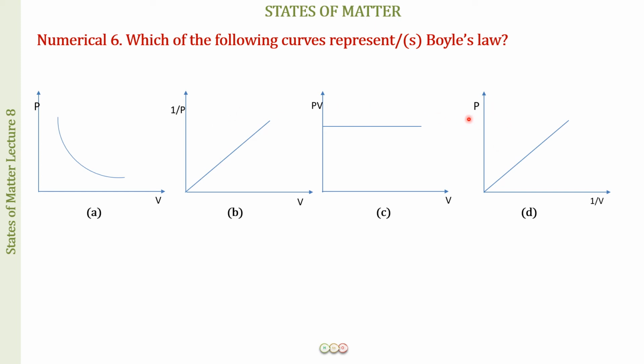Here we have taken pressure versus 1 by V, and here we have taken 1 by P versus pressure, because pressure is directly proportional to 1 by V, or we can say that volume is directly proportional to 1 by P. This is essentially the same thing, there is no difference. So what do we have over here? Well, all the choices are going to be correct. And if you've not understood, please do watch the previous lecture.